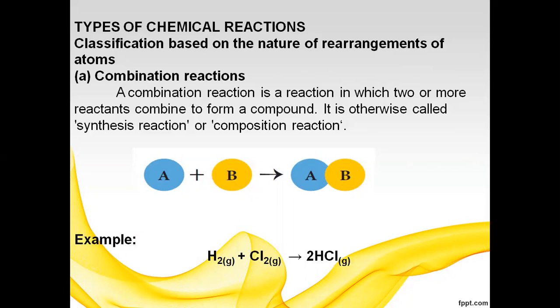The first one is combination reactions. A combination reaction is a reaction in which two or more reactants combine to form a compound. The combination reaction is also called a composition reaction or synthesis reaction.